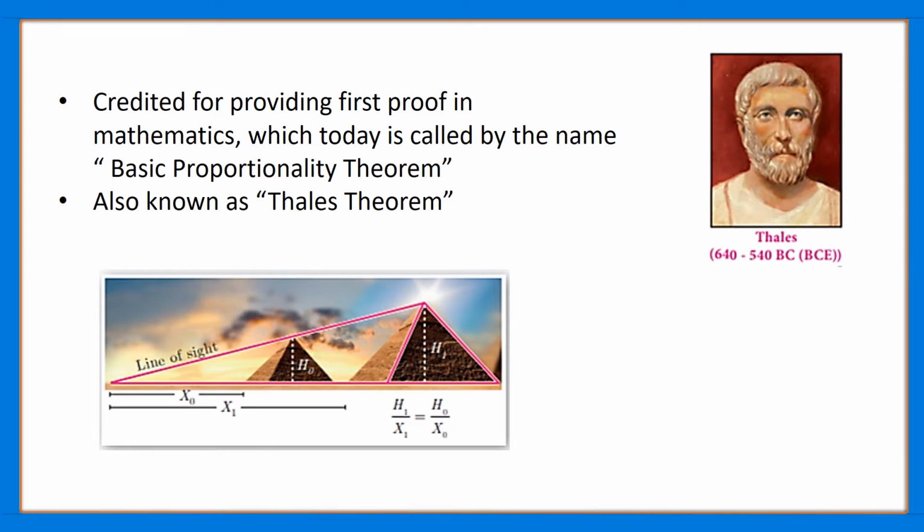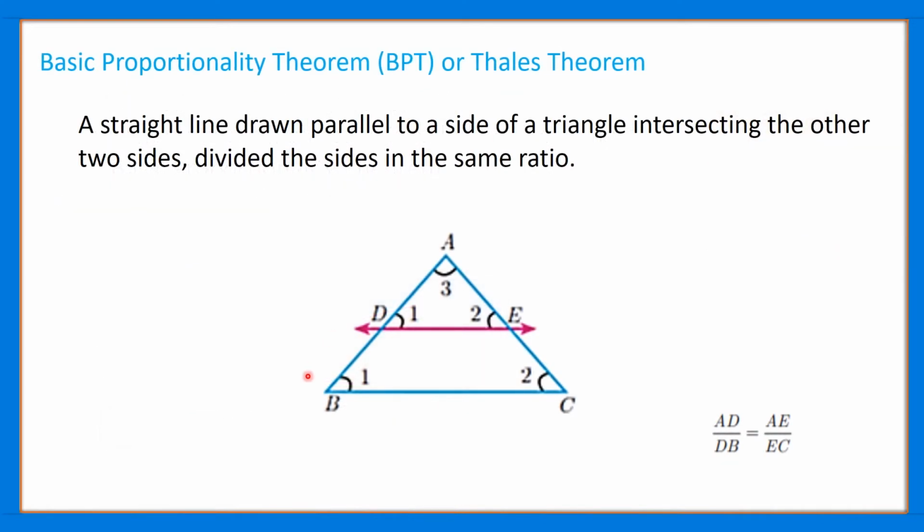The basic proportionality theorem tells us that if we have a triangle ABC and if we draw a line parallel to BC, then the sides of the triangle are divided in the same ratio.